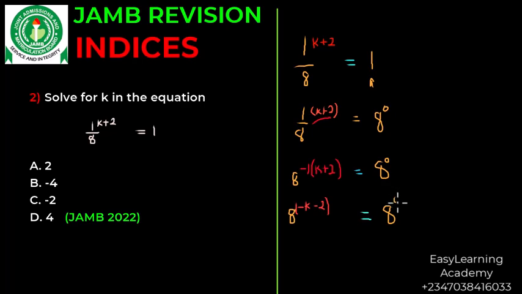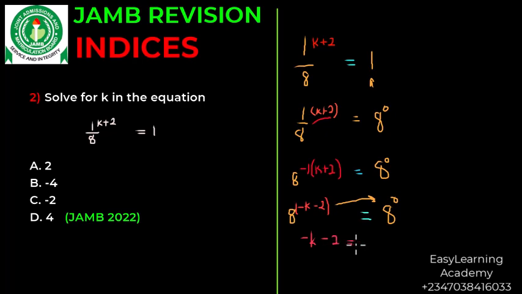So now we can compare all the powers, and just ignore the bases first. So we work with the power now. So minus k minus 2 is equal to what?